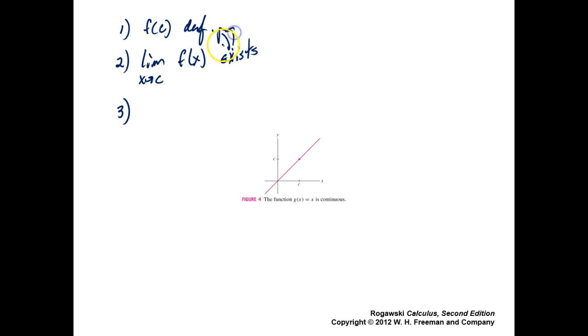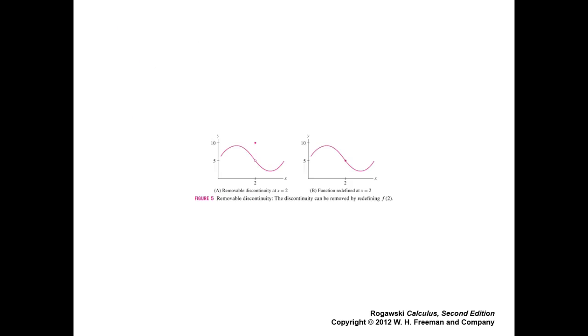If the limit exists, it must be that value. They must be equal. So not only must f of c be defined and the limit exist, but that limit must be what f of c is defined as. Now, you might ask, what are you talking about? Aren't they always equal? No, they're not.